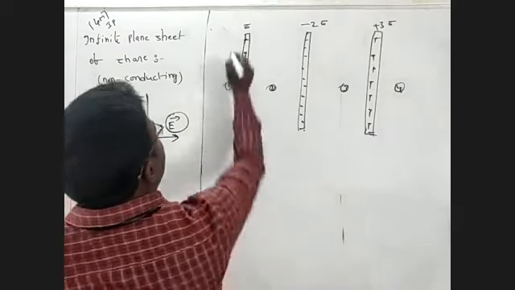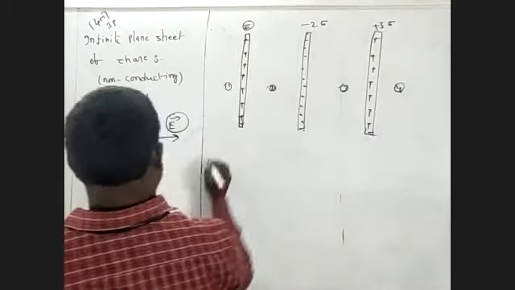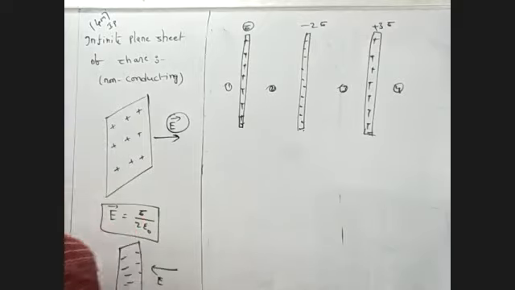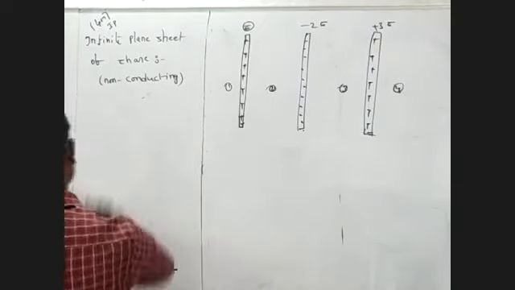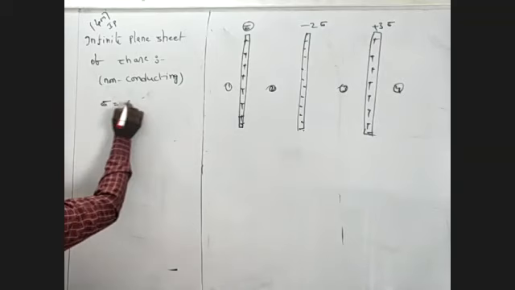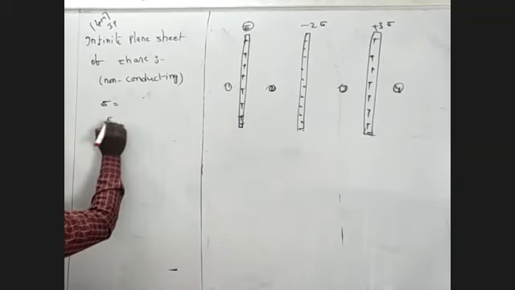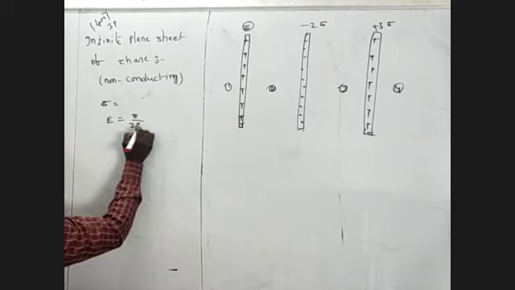So the direction of electric field, for this plate with charge sigma: E is equal to sigma by 2 epsilon naught.